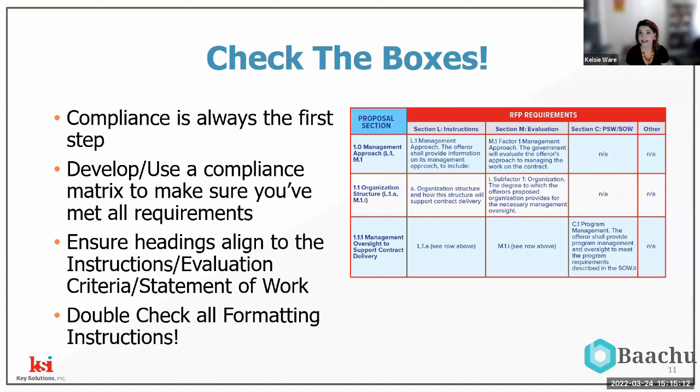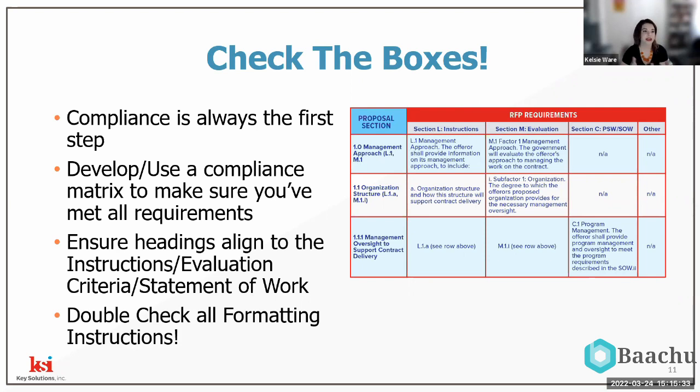Another thing that is easily overlooked, but is really important to compliance, is to always double-check your formatting instructions. Especially if you're in a document day in, day out, looking at it continuously, it can be very easy to develop format blindness.